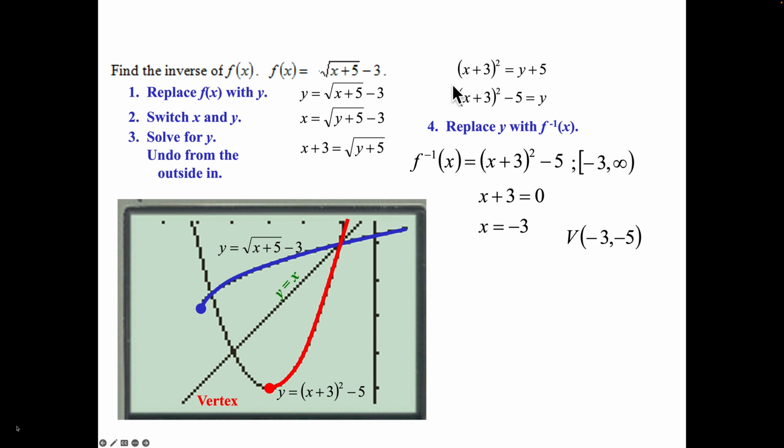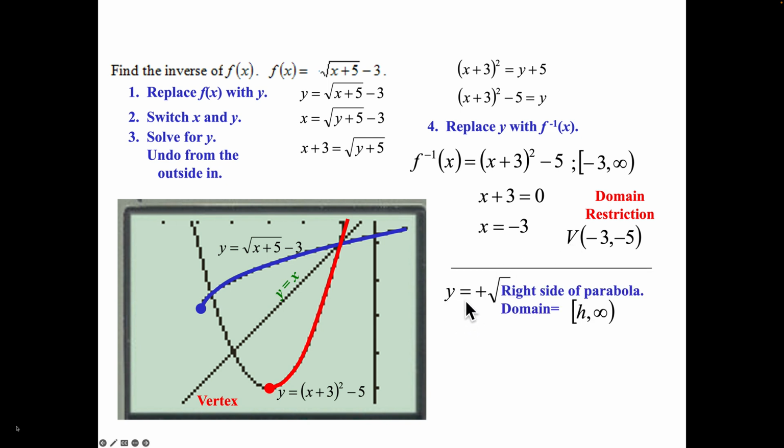That means this part of the graph here is gone. And now it passes the vertical and horizontal line test. So now this is 1-to-1. You have to add the domain restriction. It's a must. So here's the rule.